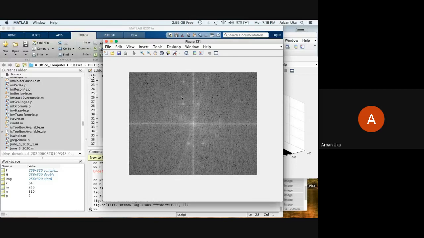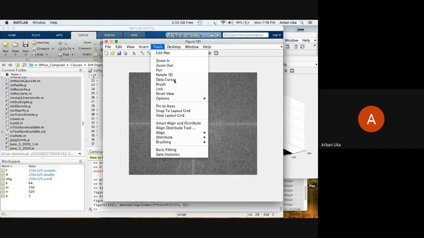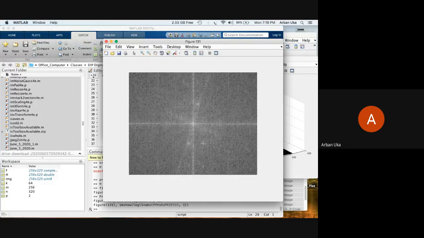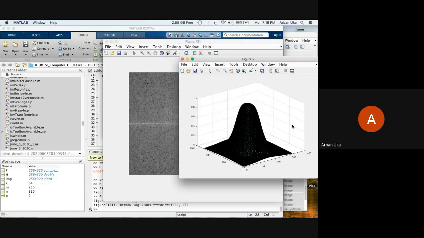In order to filter out these components, we can multiply with a notch filter right here, another notch filter right here, one here, and one here, and we can remove the periodic noise. At the same time, we can multiply by a filter like a Butterworth filter, which is this.